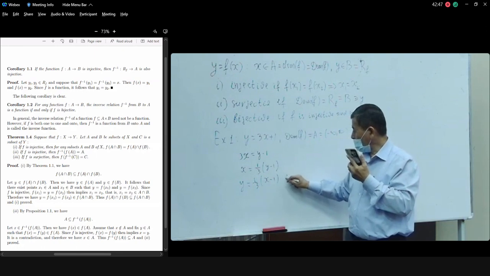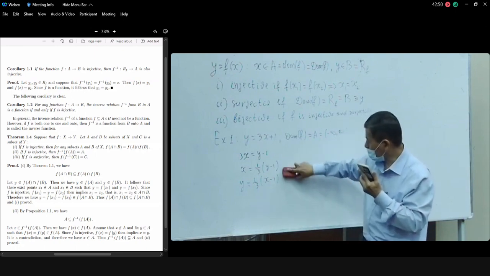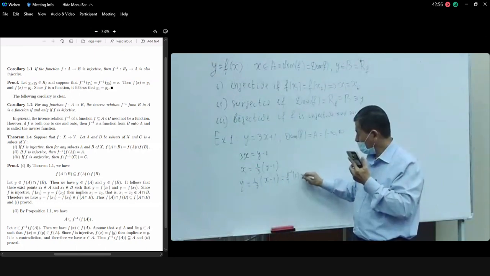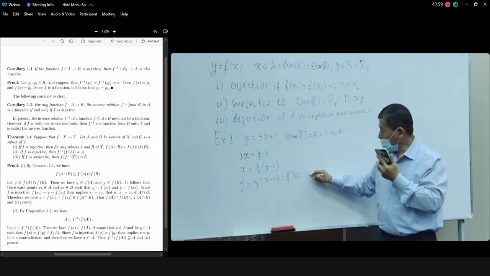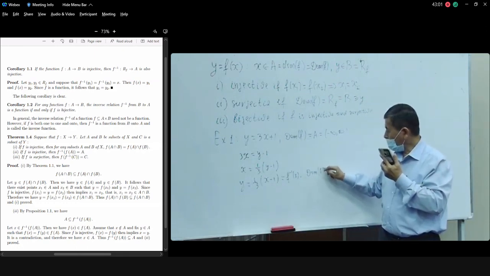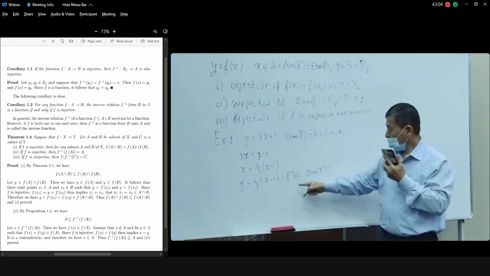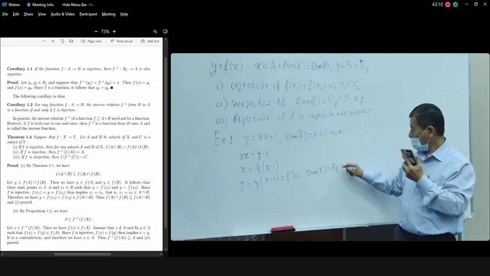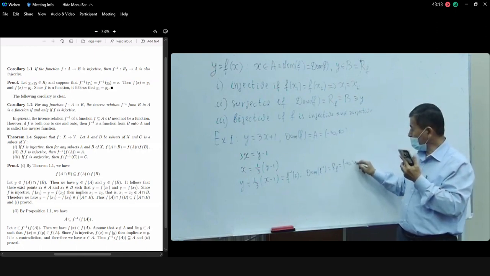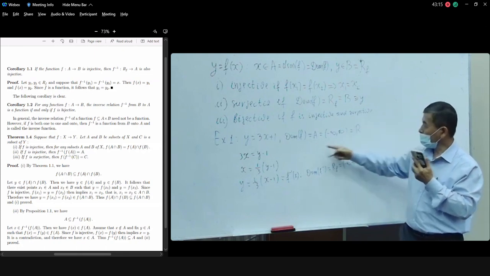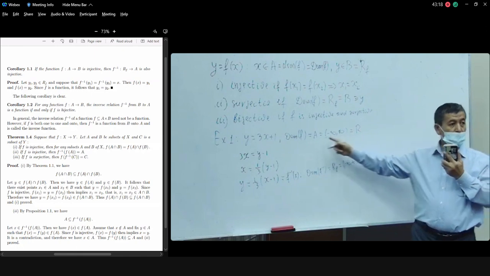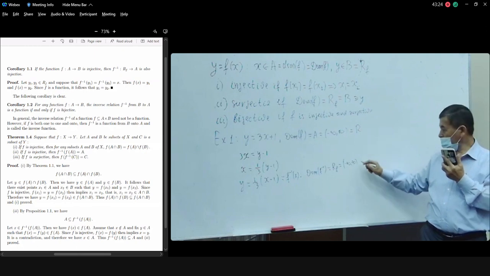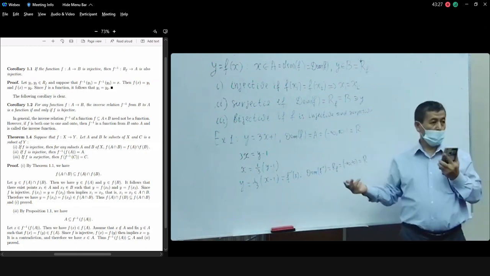So this one is called the inverse of the function. And the domain of f minus 1 is equal to the range of f, and here, minus infinity to plus infinity, which is R. The whole R is the domain of f, and the whole R is also the range of f.